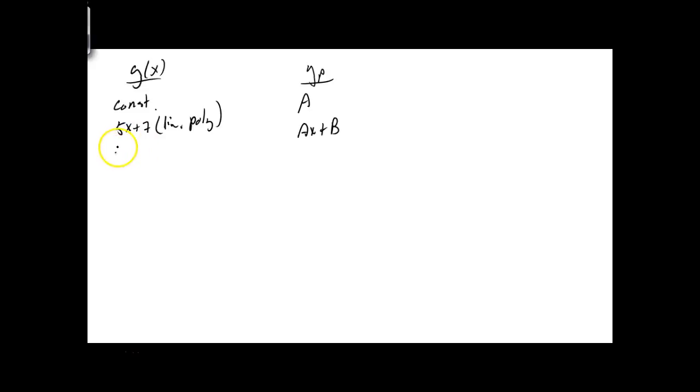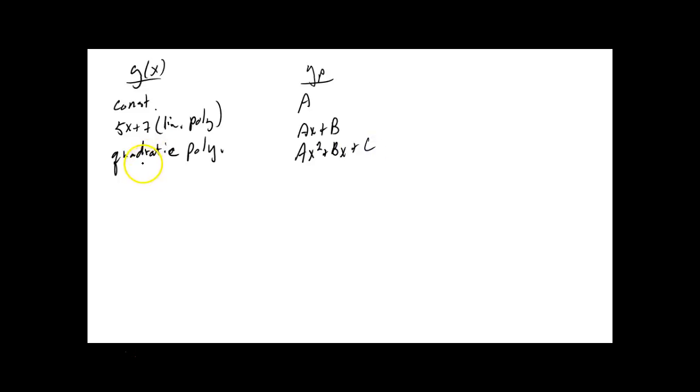quadratic, I'm just going to put quadratic. A quadratic polynomial, then y sub p is a quadratic polynomial, Ax squared plus Bx plus C. Now maybe in this case I should write it down.